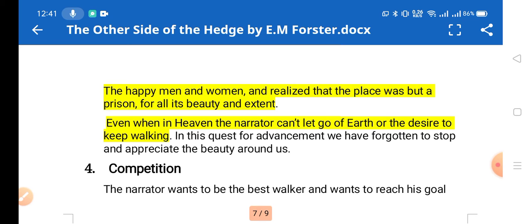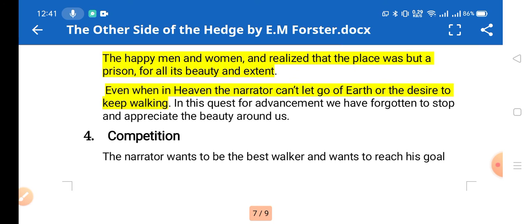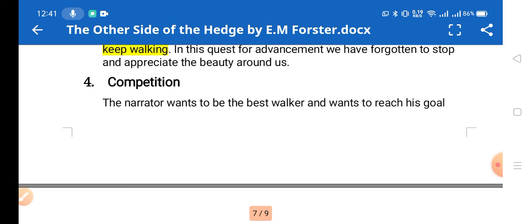So the people in heaven and paradise also do not find happiness even there. They want to go back, and they are not allowed to do so, so they consider it a prison. And even in heaven, the narrator could not let go of earth and desired to keep walking.